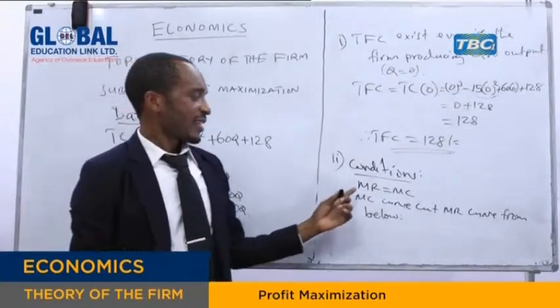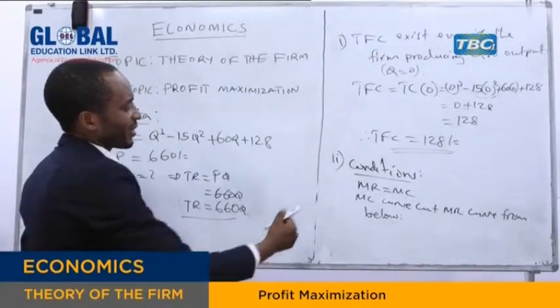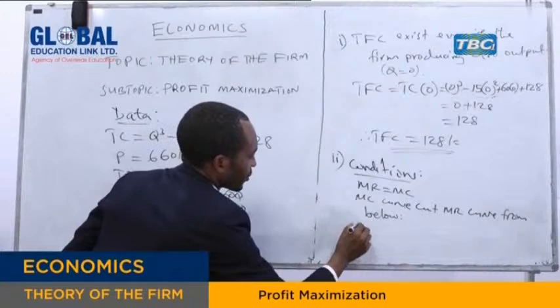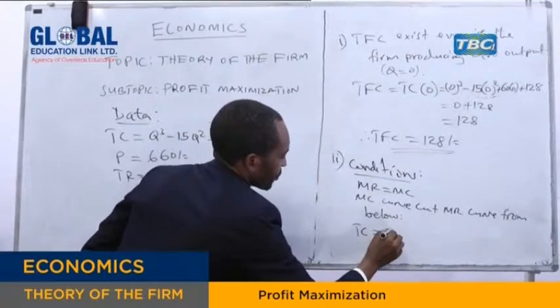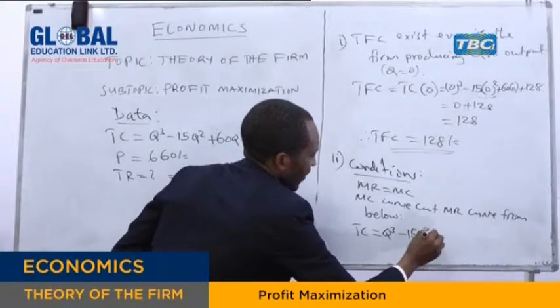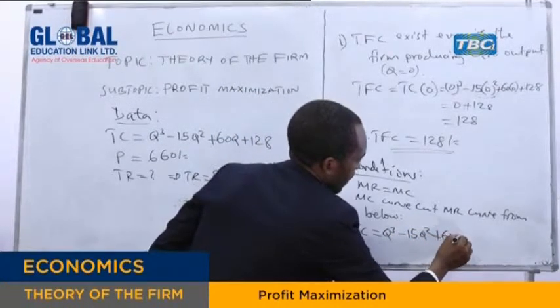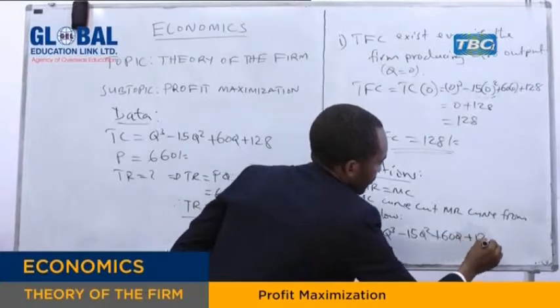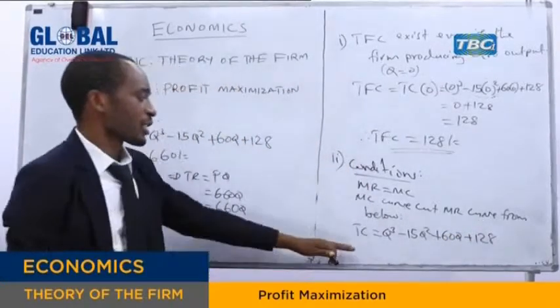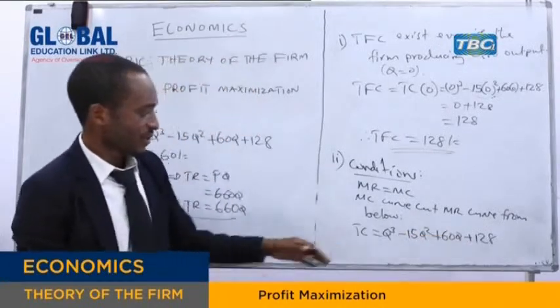So we need to find the marginal cost. Since we are given the total cost, total cost equals Q cubed minus 15Q squared plus 60Q plus 128. The marginal cost is obtained by differentiating this cost function.